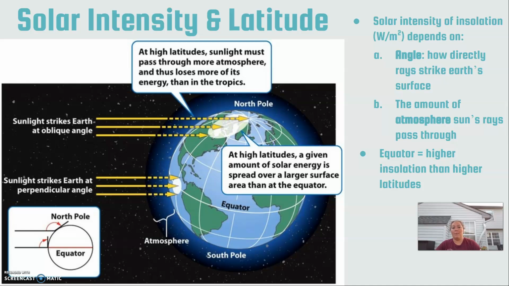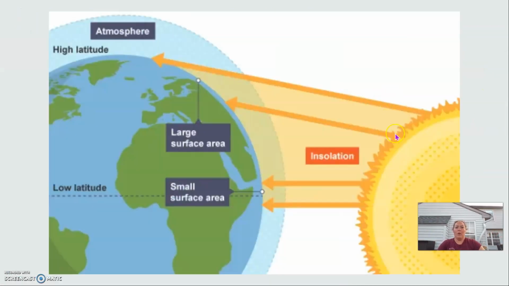At those angles, you're almost getting direct sunlight, so it's not passing through as much atmosphere, which means higher insolation, higher solar intensity. It's also spread over a larger surface area at higher latitudes than at the equator. So take a look.